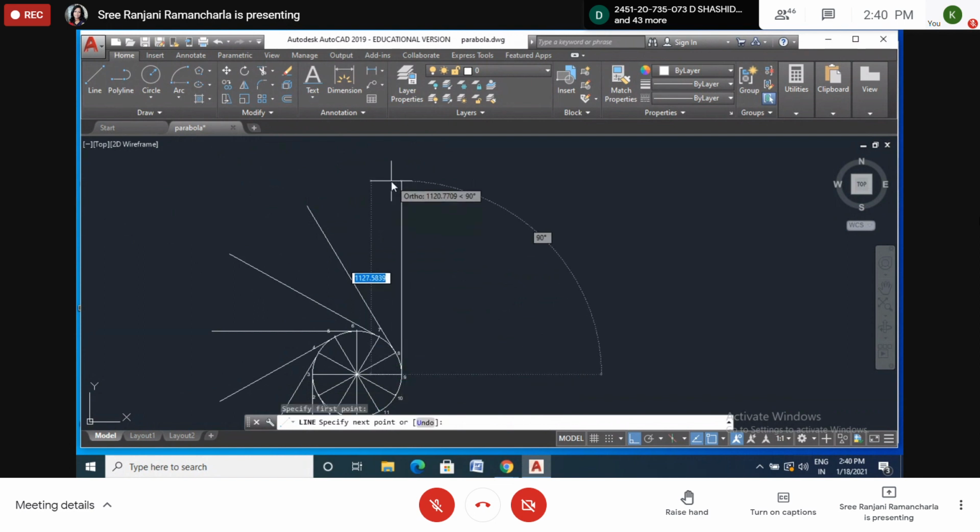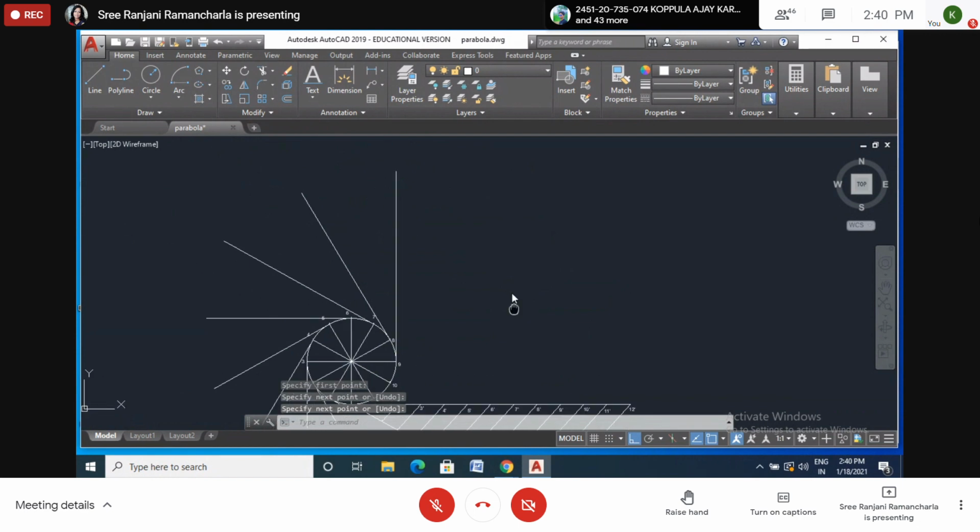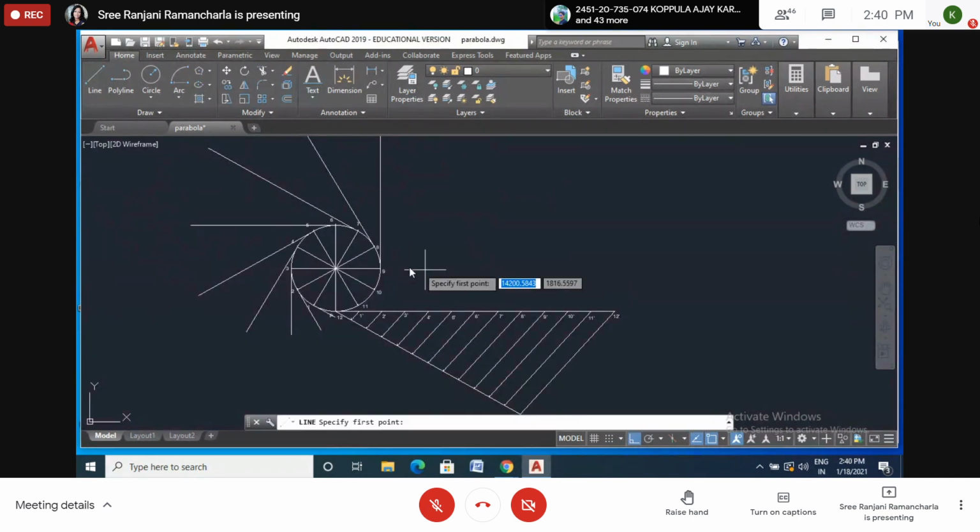No need of taking perpendicular, approximately like this. And now from 10.